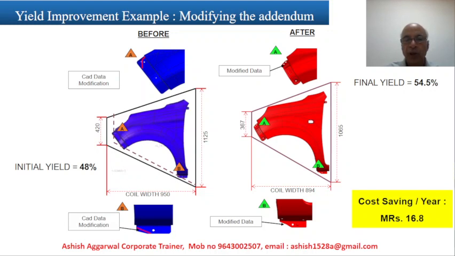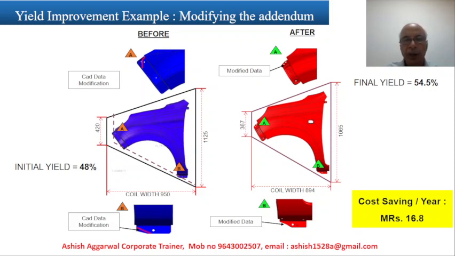In the before condition, as per the original design, the requirement of the blank size was 1125 by 950. Coil width will be 950. But if you see the A point and B point, at A point and B point the fender design was modified.